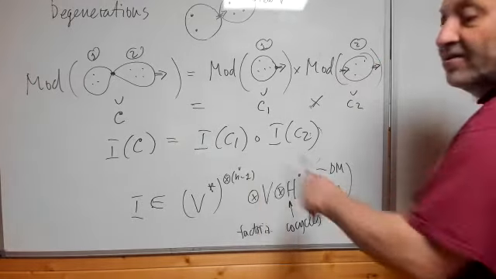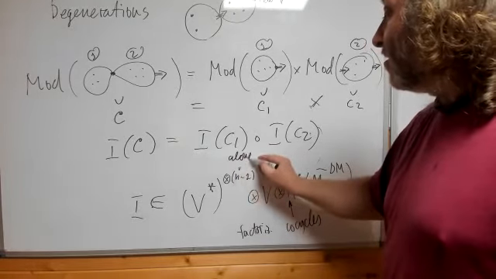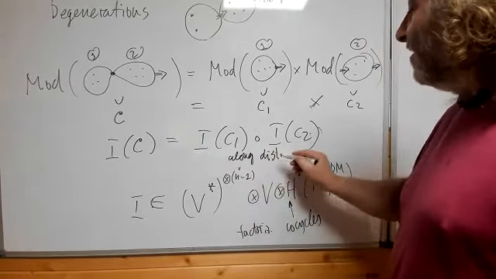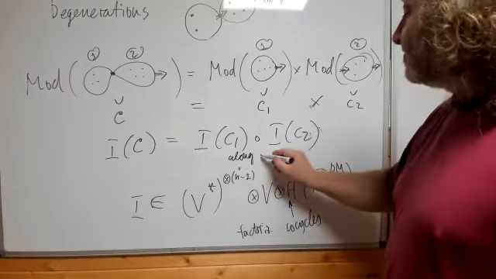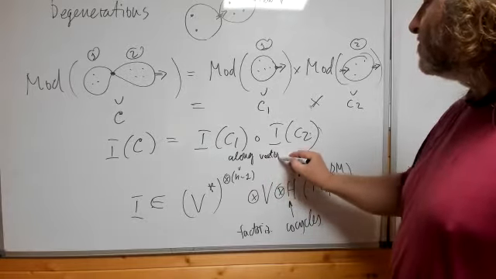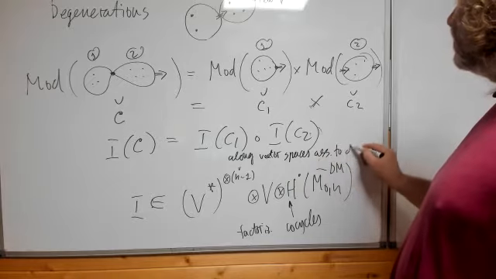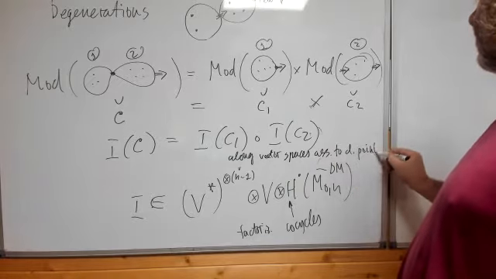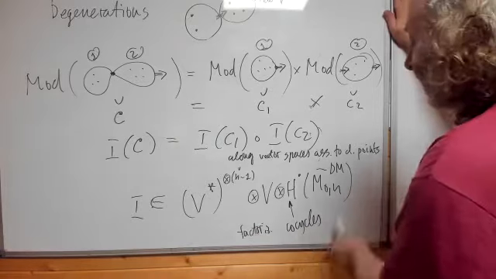And here it is composition along the vector spaces associated to the distinguished points. So we consider factorizable cocycles.